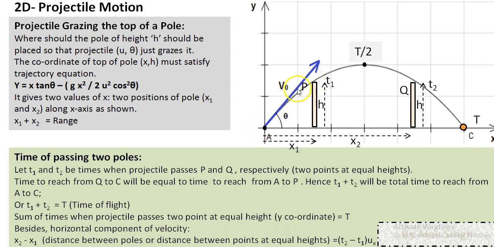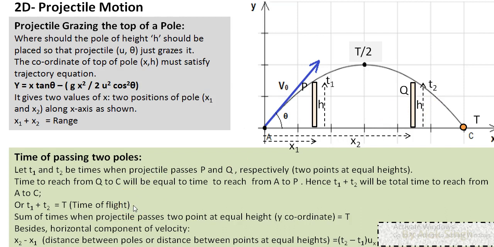So the total time taken from A to C is equal to the time from A to Q, which is T2, plus the time from Q to C, which is T1. So the total time from A to C is T1 plus T2, and the time taken to move from A to C is nothing but the time of flight. So T1 plus T2 will always be equal to the time of flight.